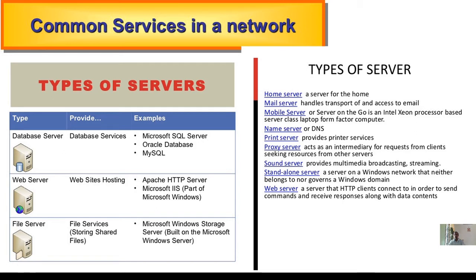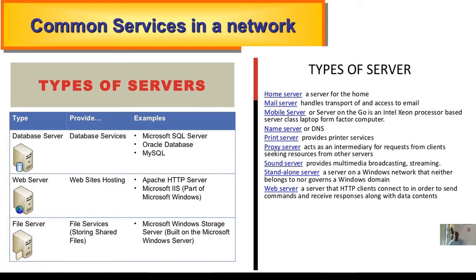These three are software. When this software, MySQL or Oracle database or Microsoft SQL, is installed in a computer, this computer acts as a database server. Another server is the web server. A web server provides website hosting. Here is an example: Apache HTTP server is a web server.